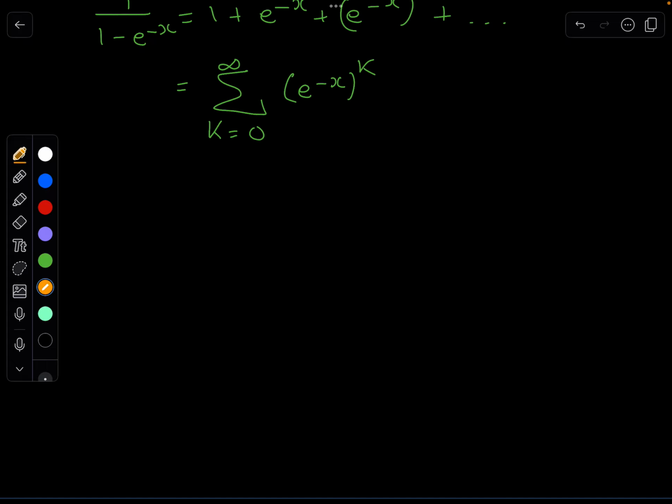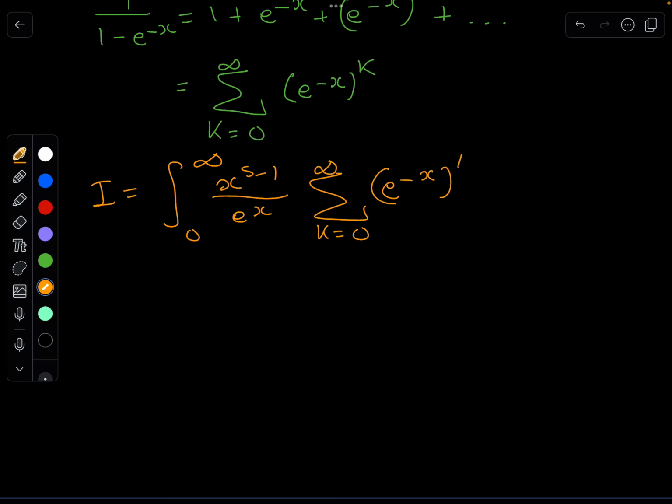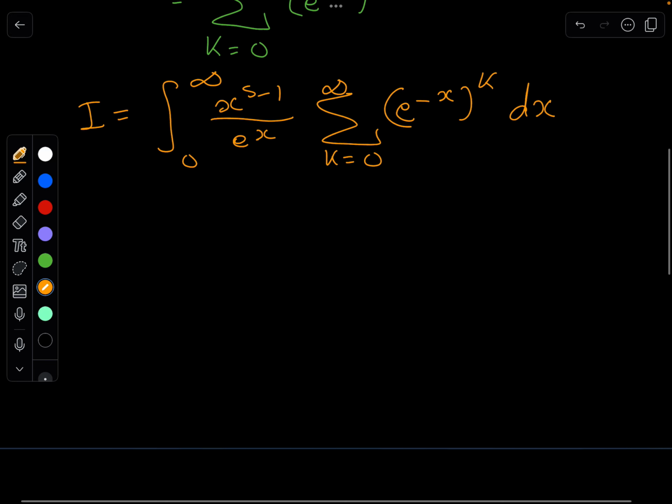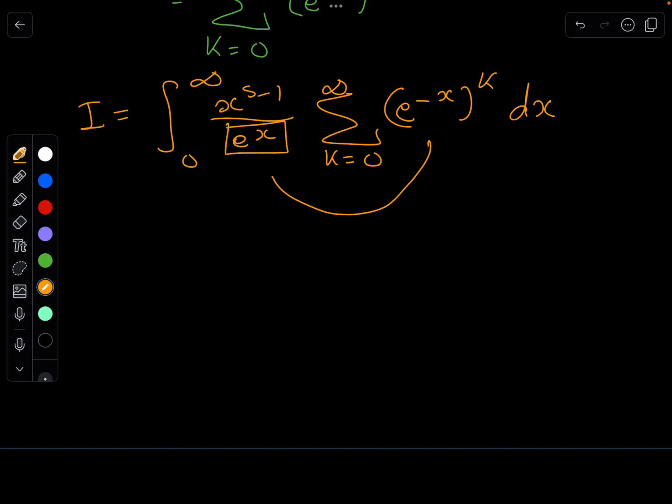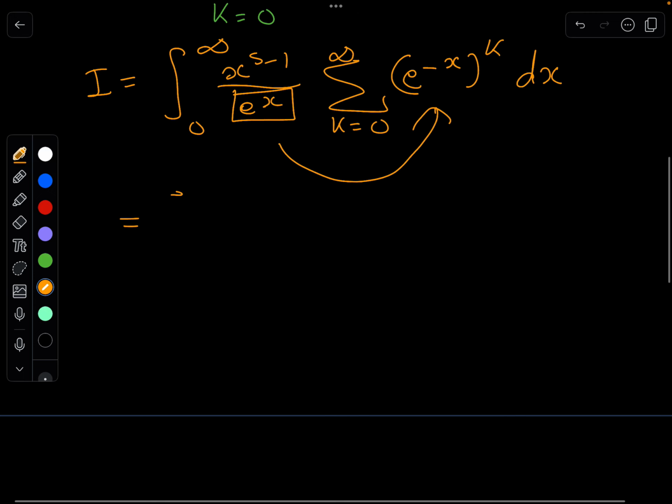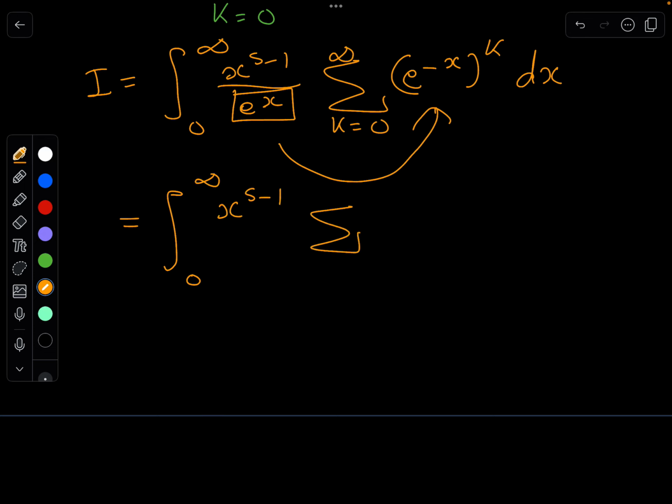So putting that back into the integral, we have the integral from 0 to infinity of x to the s minus 1 times the sum from k equals 0 to infinity of e to the negative x to the k, dx. Now, the denominator e to the x can be put inside of this sum. So we have the sum of e to the negative x to the k over e to the x.